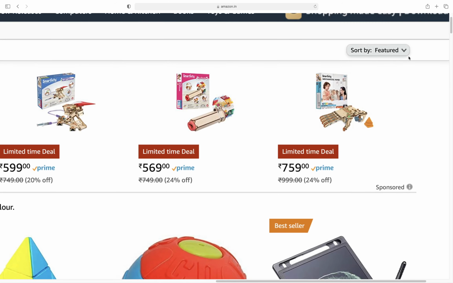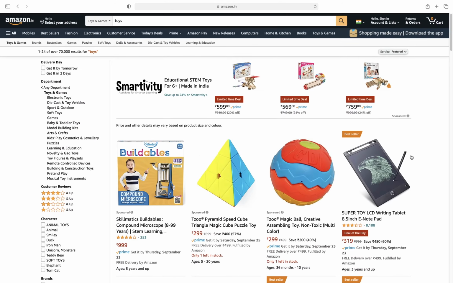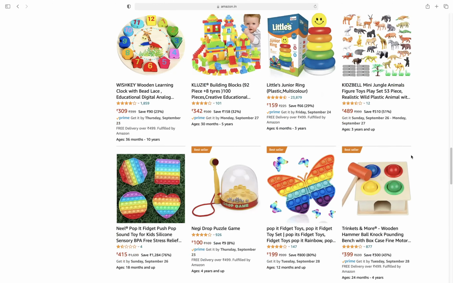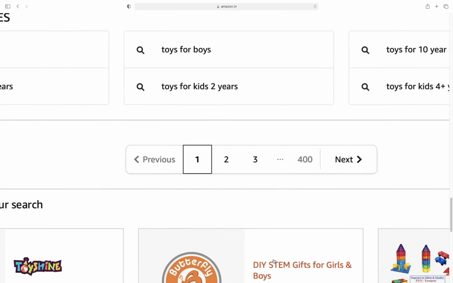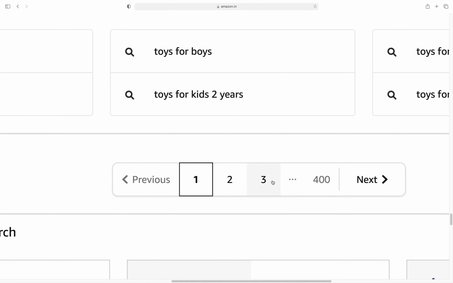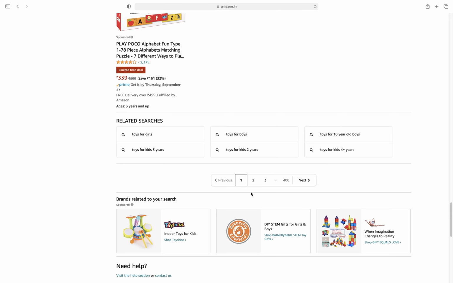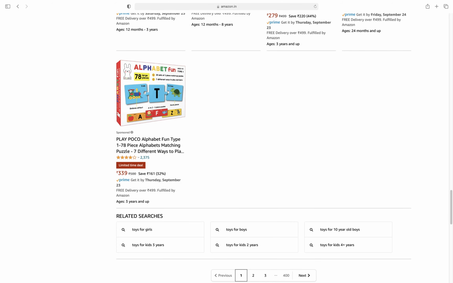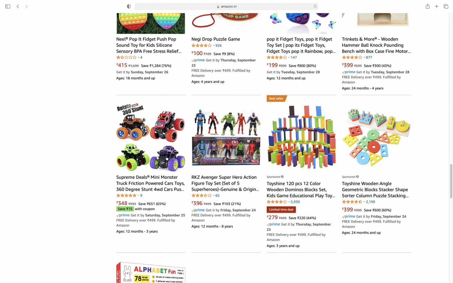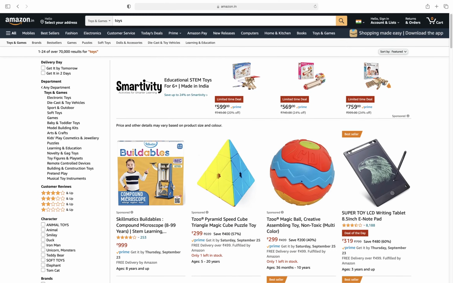Essentially, if you look up top here, where it says sort by featured, and down below, if you scroll all the way down, you have these pages. What I've looked at is the first 1,000 posts. Each of these ads, each of these listings, I'm calling either a listing or a post.